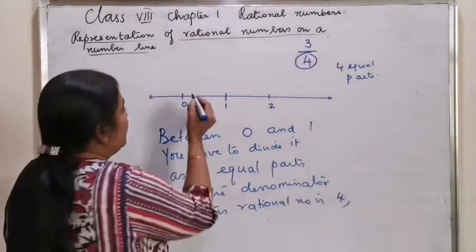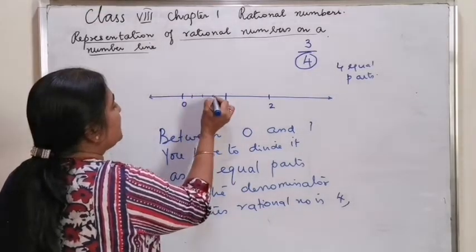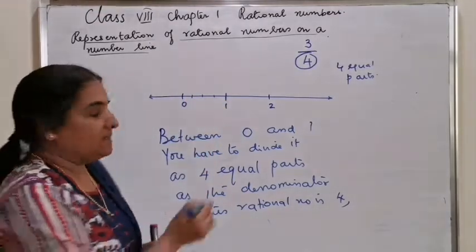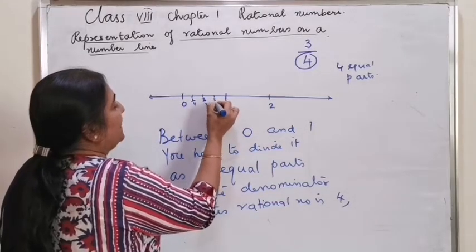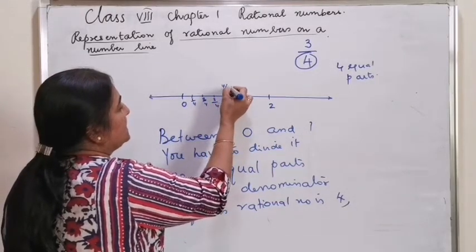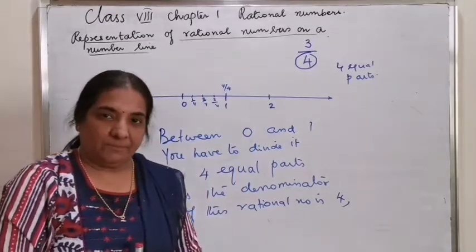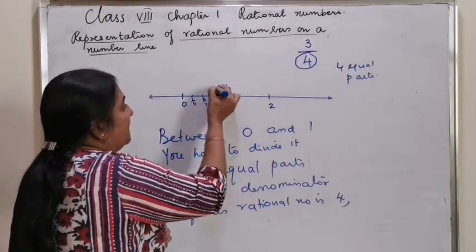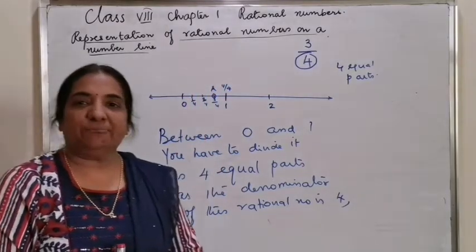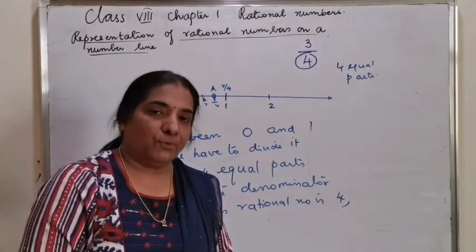That means you will make it into 4 equal parts, and each part will be 1/4, 2/4, 3/4. This is 4/4, 1. So this point A represents the rational number 3/4.